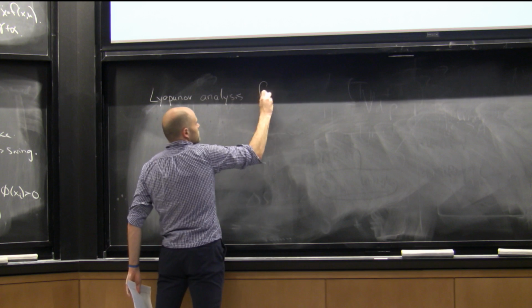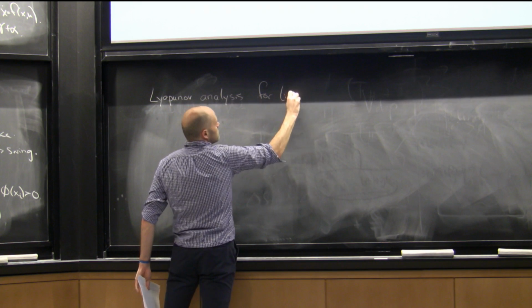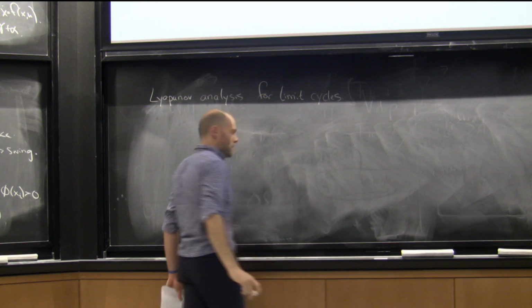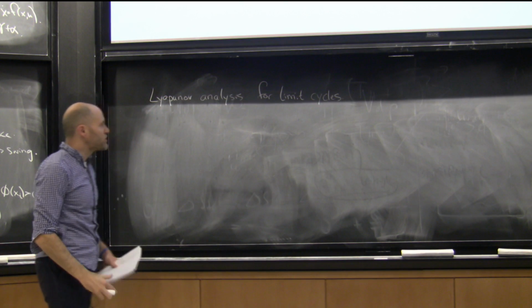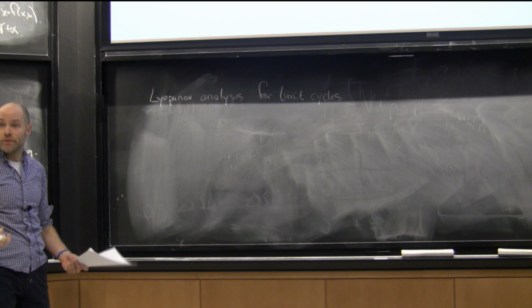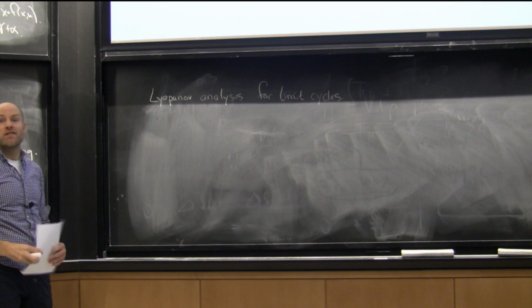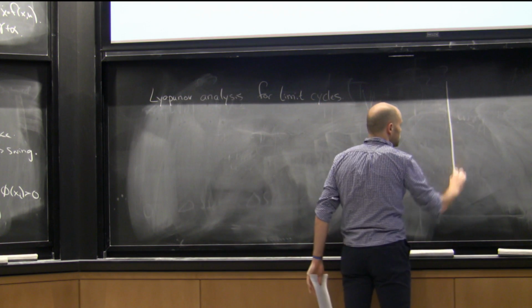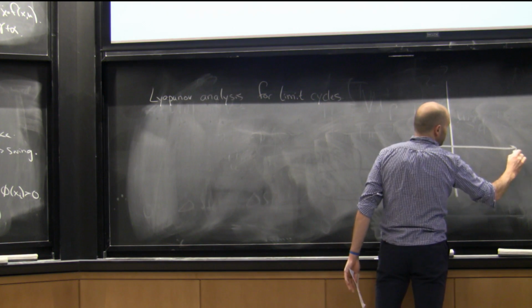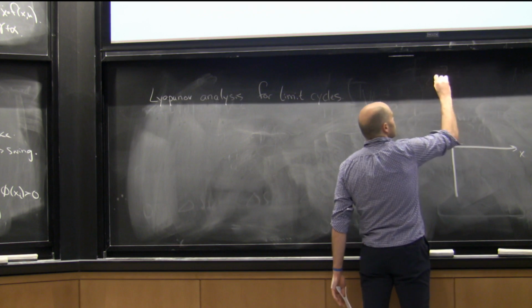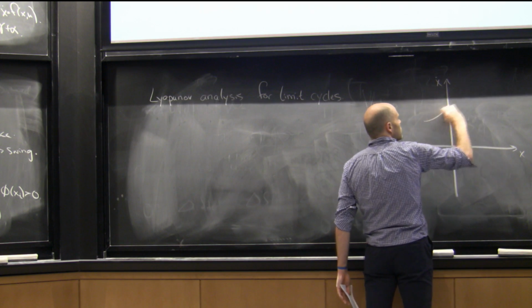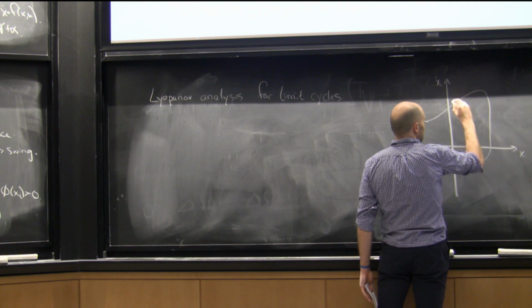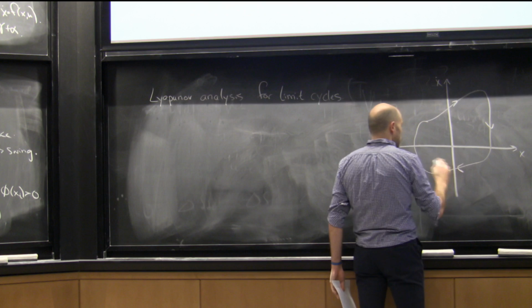Okay, how do you do Lyapunov analysis for limit cycles? It pays to do the non-hybrid limit cycles first. So for instance, if you wanted to talk about the van der Pol oscillator, there was a stable limit cycle.